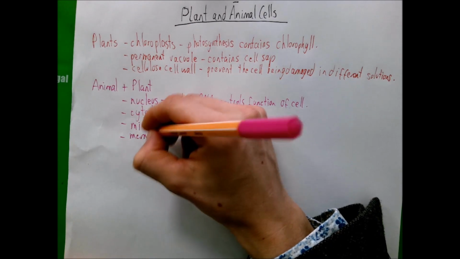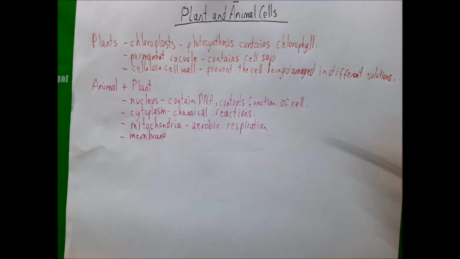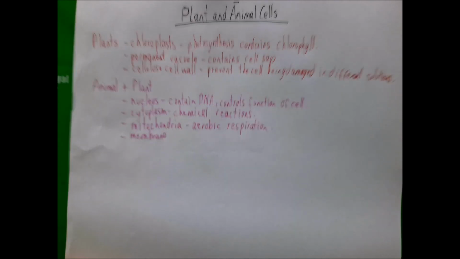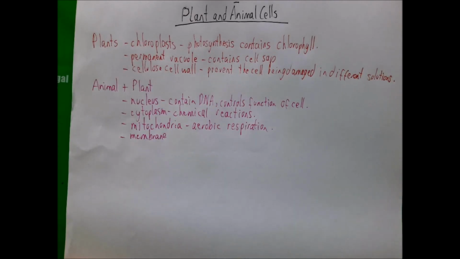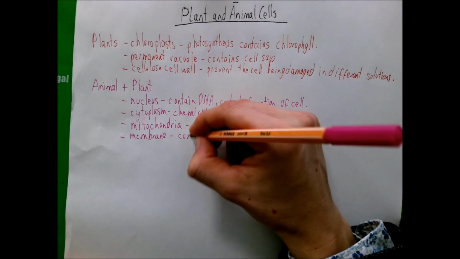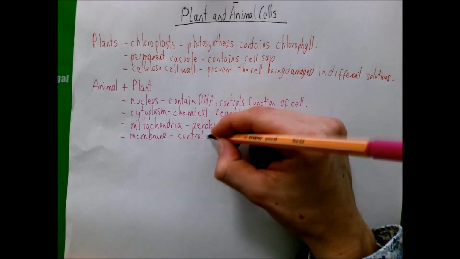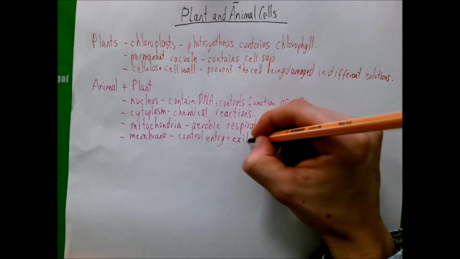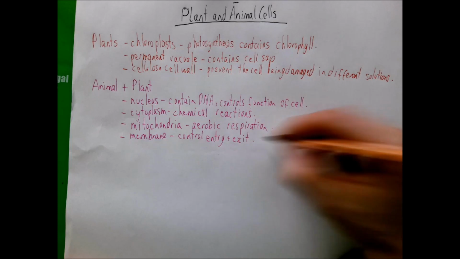You also have a cell membrane as the outermost layer of the animal cell. In the plant cell, it's also around the outside, but you've got a cell wall around it too. The membrane's function is that it controls entry and exit from the cell. So it's like the bouncer on a door. It controls what substances can come in and what substances go out.